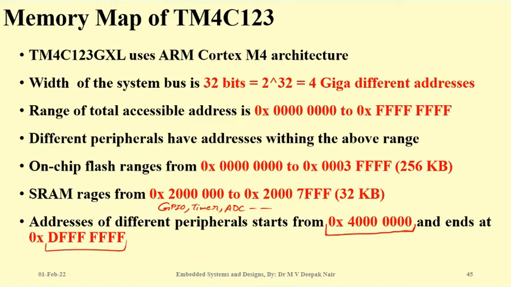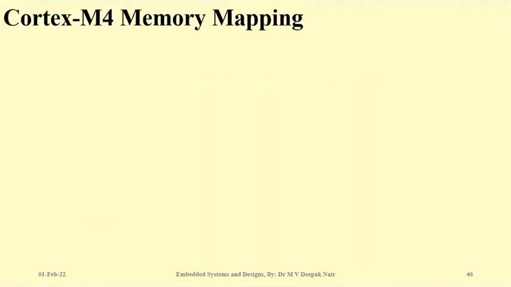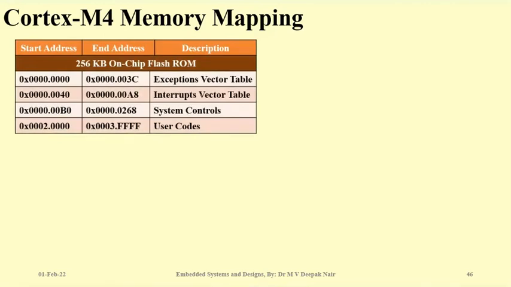Okay, so let us see the mapping. So first of all, 256 KB of flash. If you can remember from the 8085 also, the initial addresses are kept for which particular task.